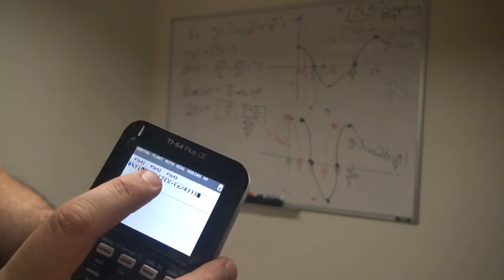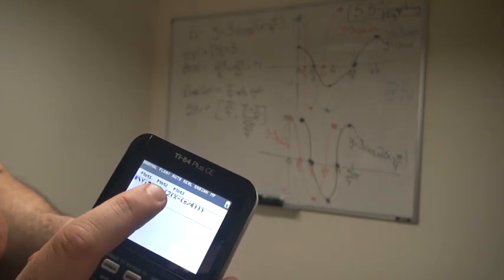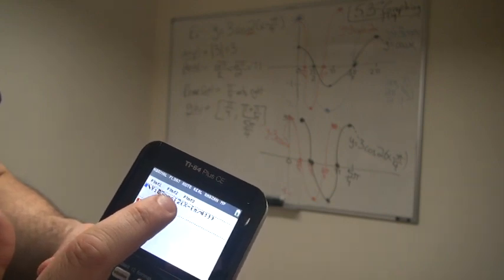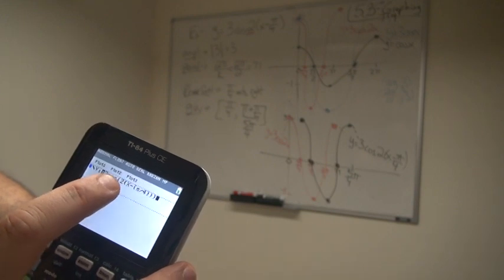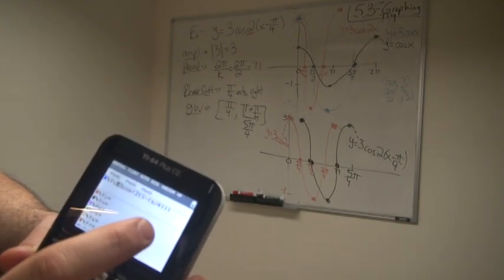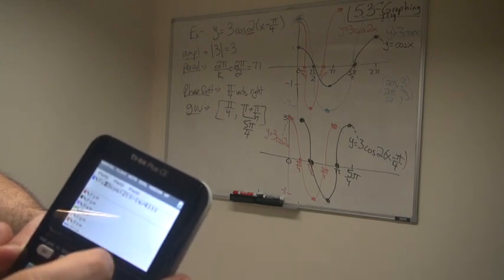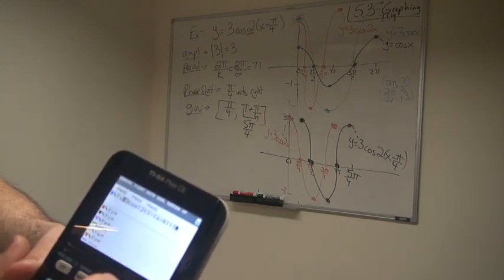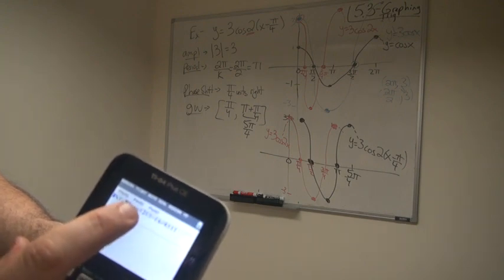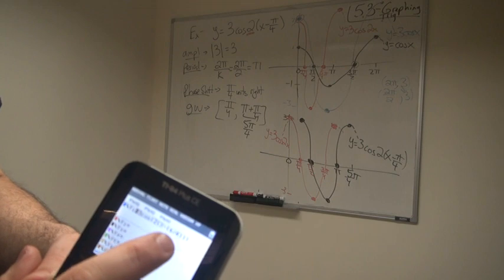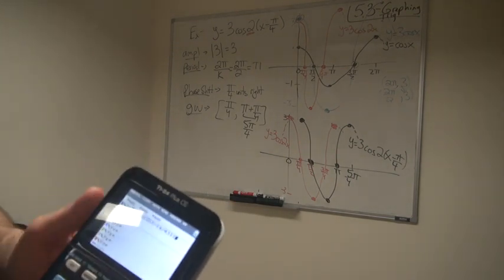But you can do 2 times x minus pi over 4. And the 2 outside implies that you're going to do x minus pi over 4 first, and then multiply all of that result by 2. So that's what I would recommend you do. Because here now 2 is going to be times x minus pi over 4. So however you want to do it, you can put it in one of those 2 ways.